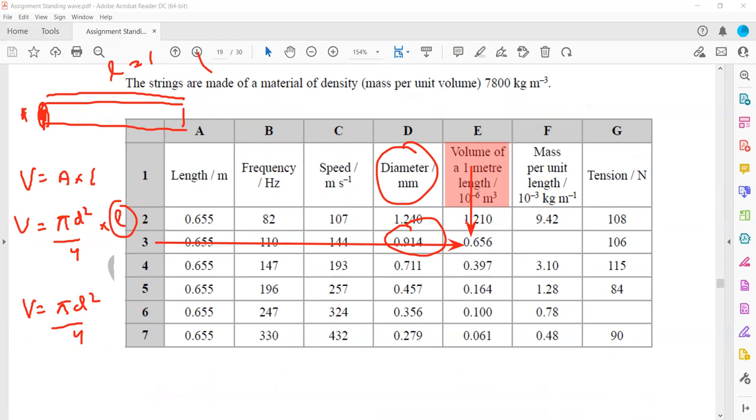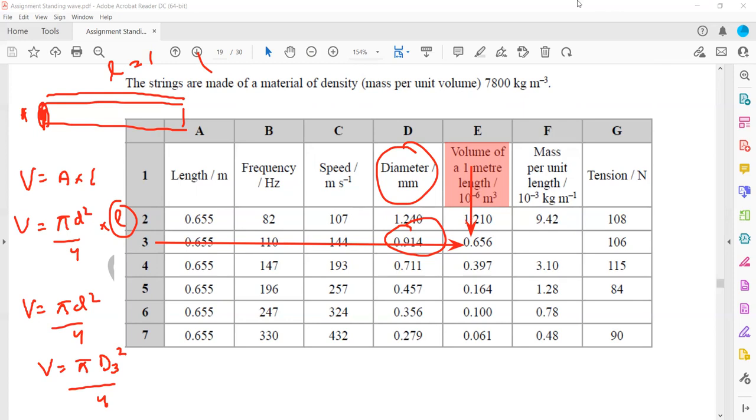So which cell will we use? We should use D3. So it will be pi D3 squared by 4. That will give us the volume of this string, which has a length of 1 meter. Is it clear?